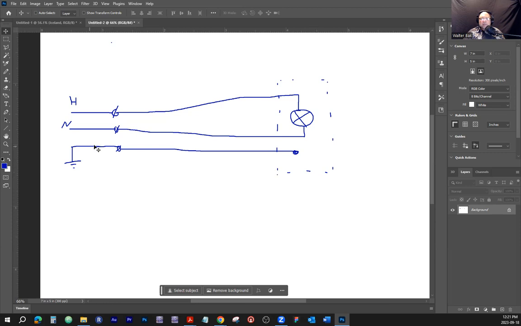But because we have this grounding or bonding conductor permanently connected to the chassis, if this hot wire detaches from the terminal and touches the chassis by accident, the current will flow through the ground through this conductor right here. So it's like a safety conductor.